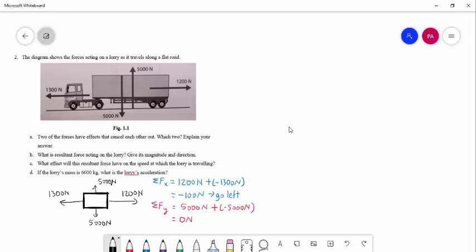So for the first question, which two forces cancel each other out, that means the force that goes down and goes up, or you can say the vertical forces.